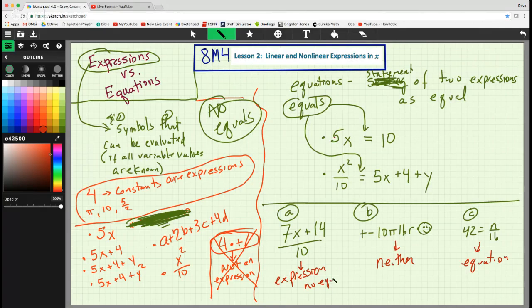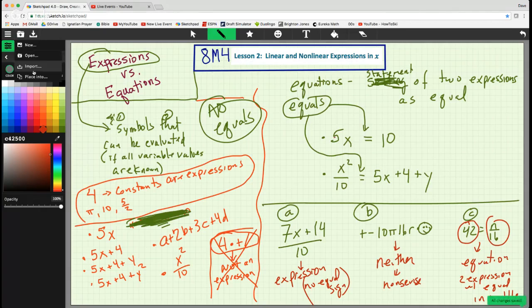No equal sign. This is neither because it's nonsense. And this is an equation because you have two expressions with equal in the middle. Okay, moving forward.